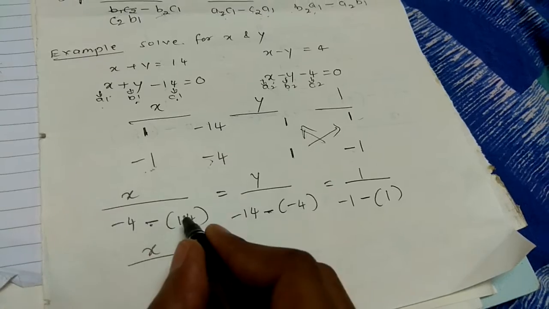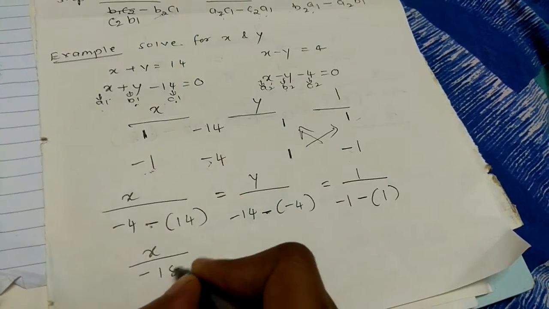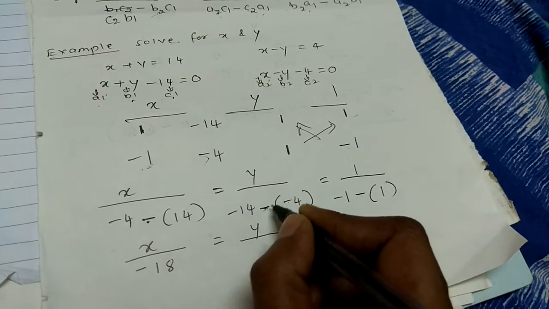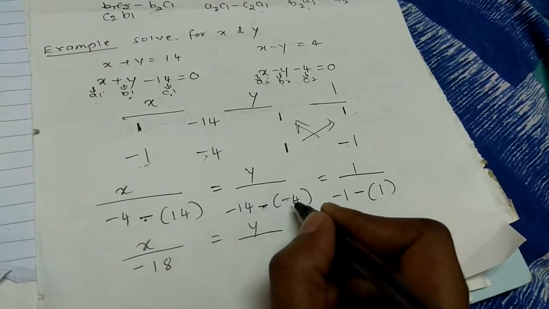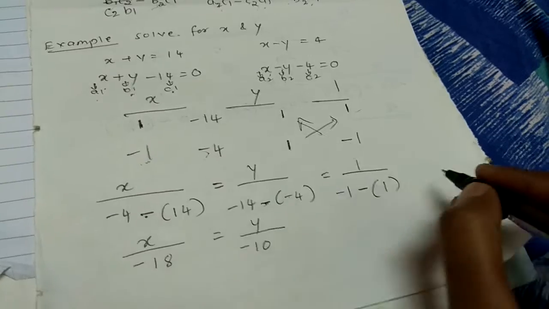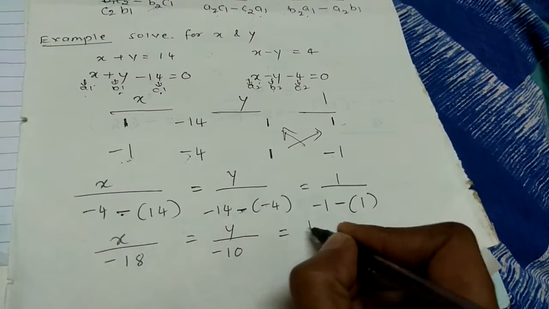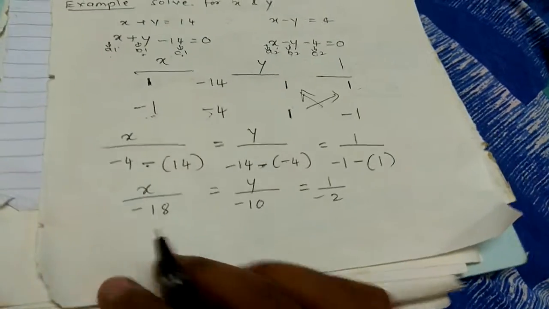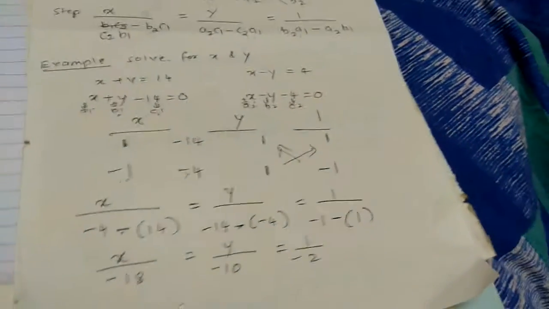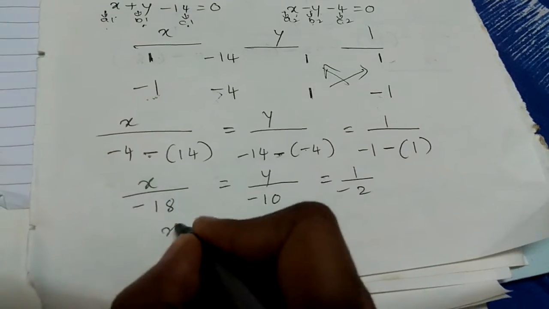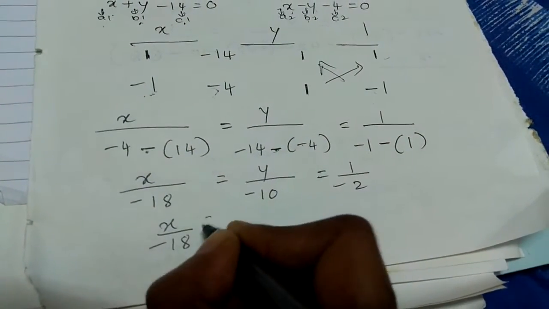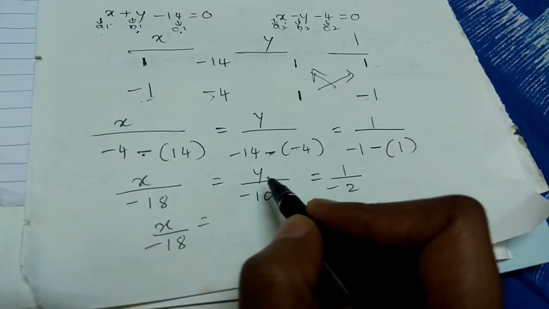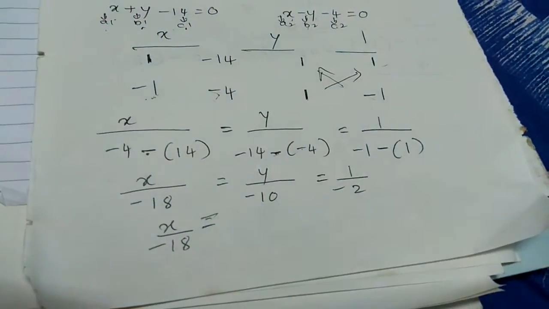X upon, if you solve this, we get minus 18, equals y upon, minus 14 plus 4, which is minus 10, equals 1 upon minus minus will be plus, so you get minus 2. Now you are going to find the values of x and y. I would like to equate x upon minus 18 to 1 upon minus 2. You can equate to y, but then again you have to find that.